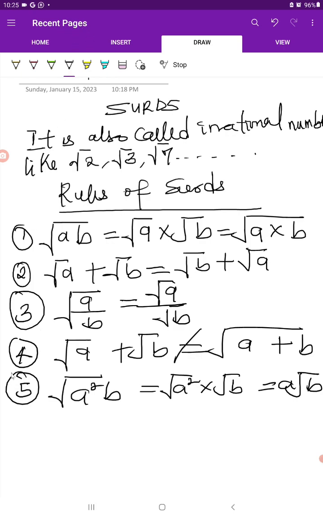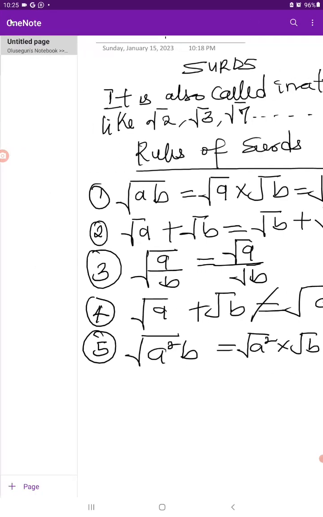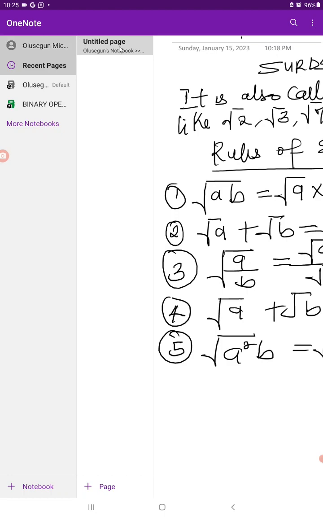The law still continues, which reaches what we call similar surds.